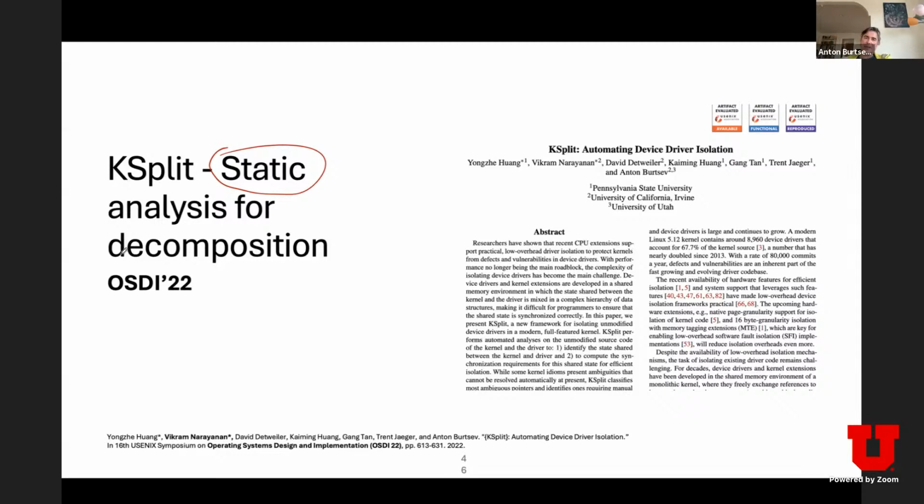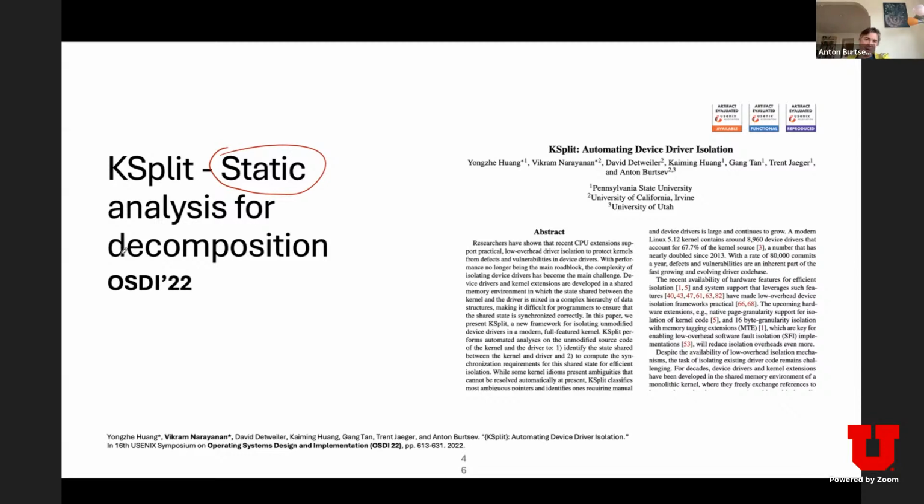But KSplit is a static analysis framework, which essentially writes the glue, like the interface definition language, which then generates the glue code nearly without human intervention. That's a great result, because it allows you to automate isolation or decomposition in the kernel to the degree that a human is almost not involved.